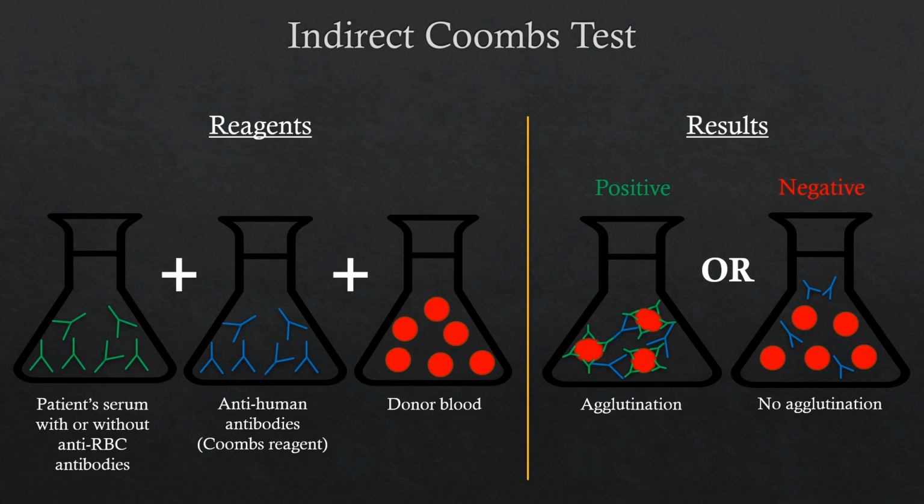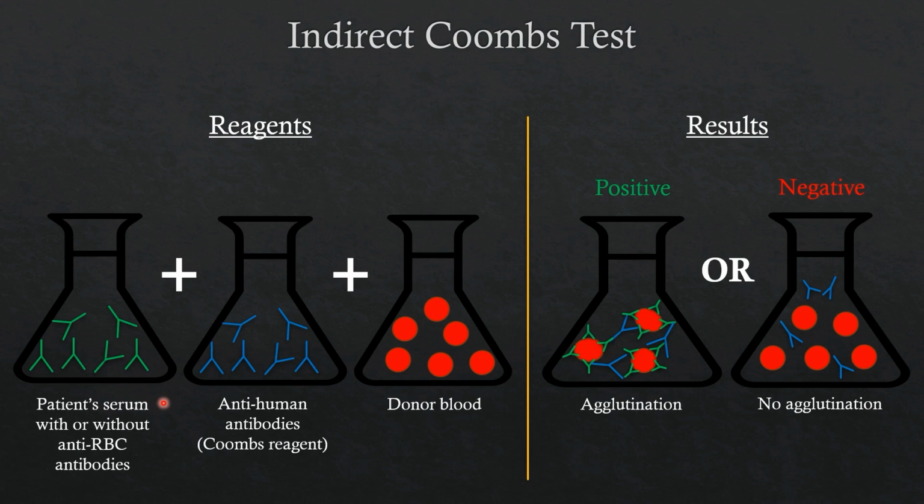For the indirect, remember in the indirect, we said you're using donor blood. So in the indirect, you have donor RBCs without any sort of antibodies attached to them, just normal RBCs. And you add your Coombs reagent, same as before, your anti-human antibodies, and then you add your patient's serum, because you want to see if the serum has these anti-RBC antibodies, right? So you combine these things together, and same as before in the direct, a positive result would be if you get agglutination, right?